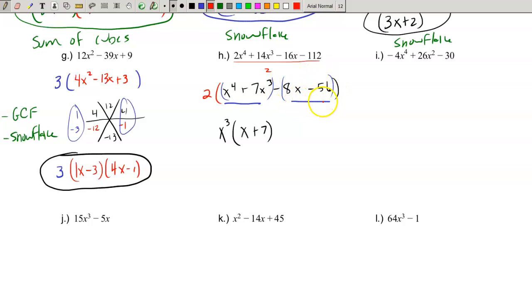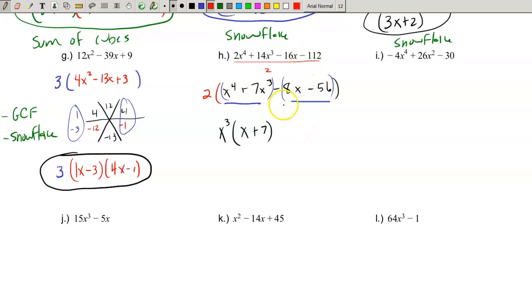I can take out an 8, or I could take out a negative 8. And you're going to see that taking out the negative 8 is what you want, because if I take out a negative 8, then this term right here will be plus 7, and it will match with this plus 7. If I take out a positive 8, then it's not going to work out like I need it to work out.